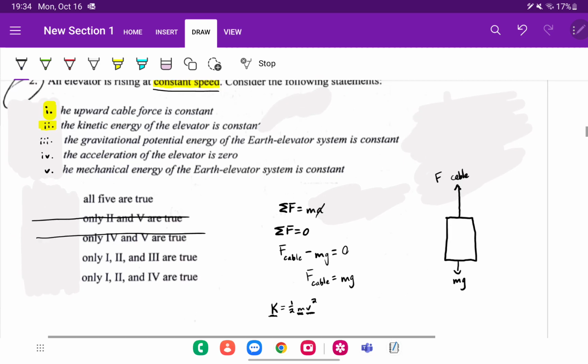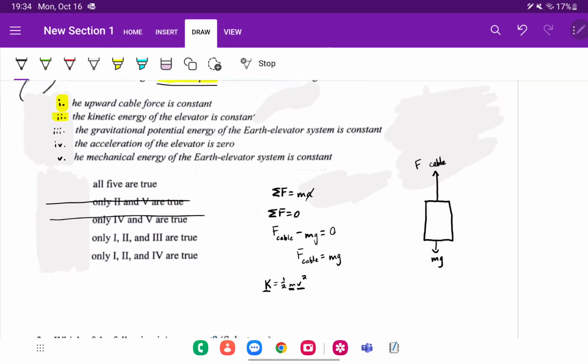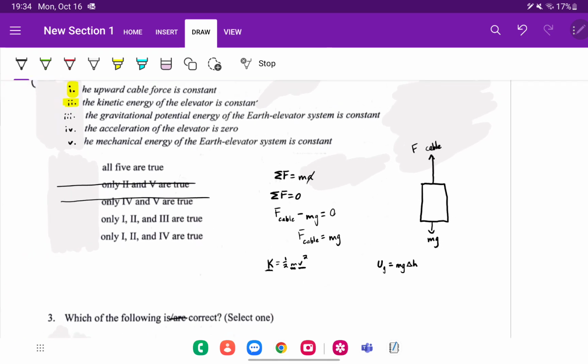Let's see, that doesn't rule out any more answer choices for now, so let's keep moving. The gravitational potential energy of the Earth elevator system is constant. Okay, gravitational potential energy, also known as U sub G, can be written as mg delta H. So however the elevator is moving up and down, it would change the gravitational potential energy.